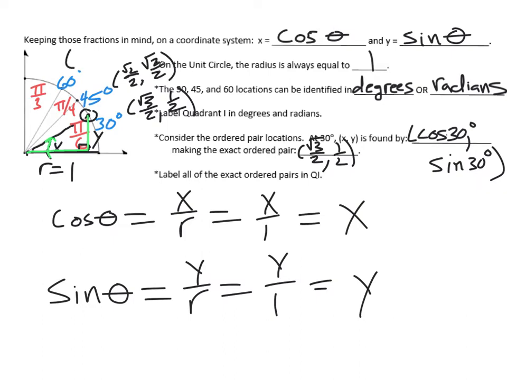And over here at 60 degrees, the cosine value is 1/2. Sine value is square root 3 over 2. Okay?